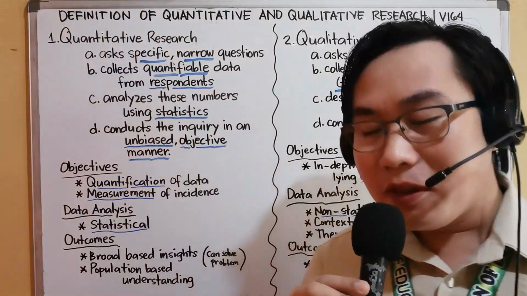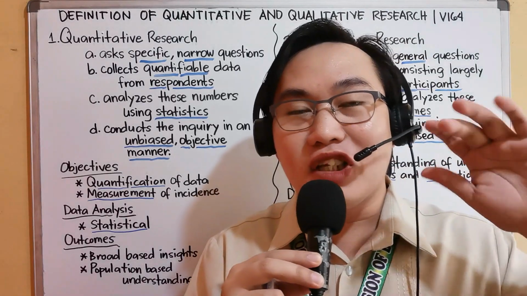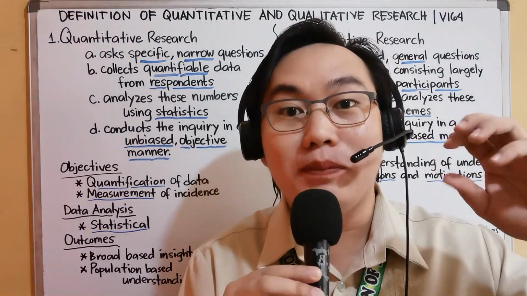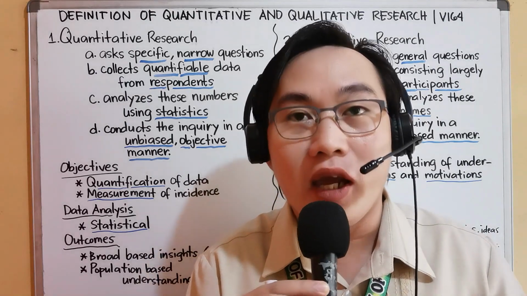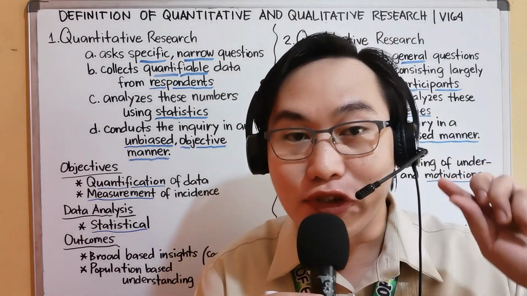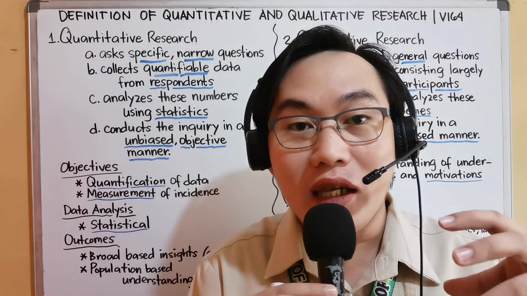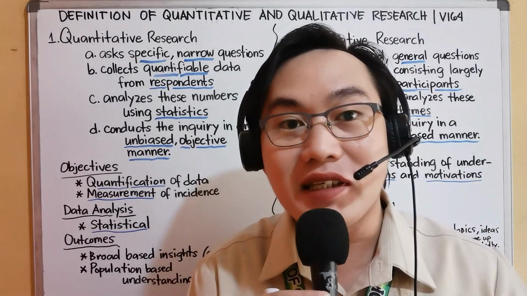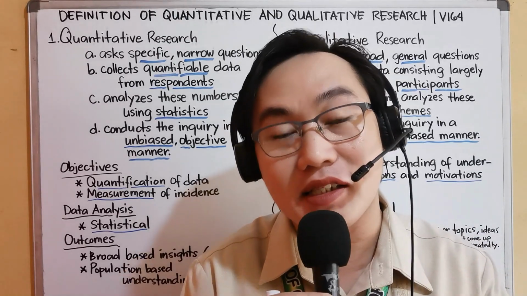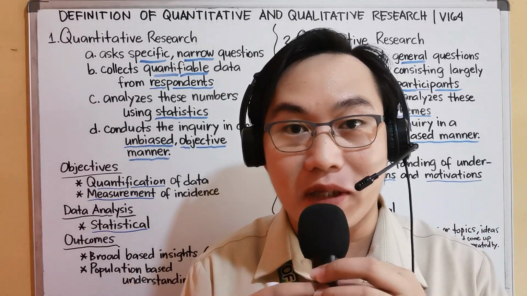For example, ang ibig sabihin nito, pag sinabi nating qualitative research, prone po siya sa tinatawag nating bias or subjective in nature. Dahil po kung isang researcher ng qualitative walang alam sa ethics of research and of course how to holistically use the thematic analysis, of course, mag-engage talaga siya ng bias.